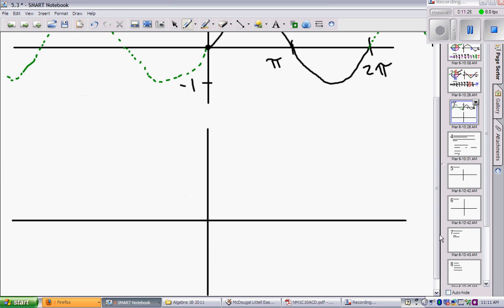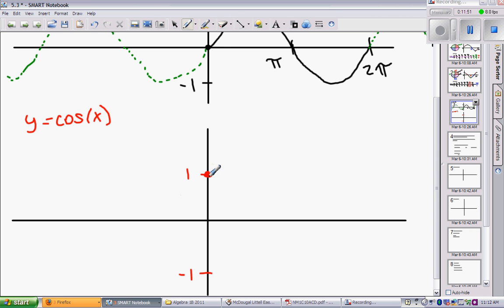For your general cosine graph, y equals cosine of x, it starts at the point 0, 1, and it's going to start by going down. It will hit a minimum of your y value of negative 1, and then come back up.